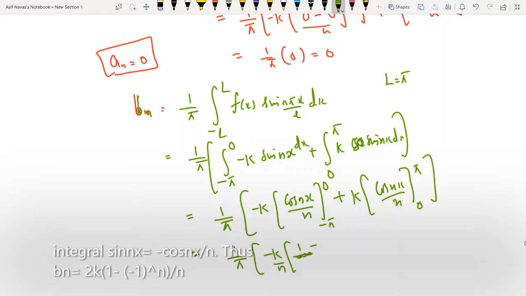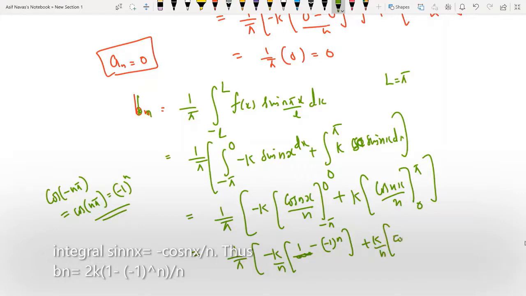The cos of minus n pi is actually equal to cos of n pi, and the value of cos n pi depends upon n. When n is odd, it will be minus 1, and when n is even, it will be plus 1. So cos n pi is minus 1 power n, plus k into minus k by n, cos n pi minus 1.